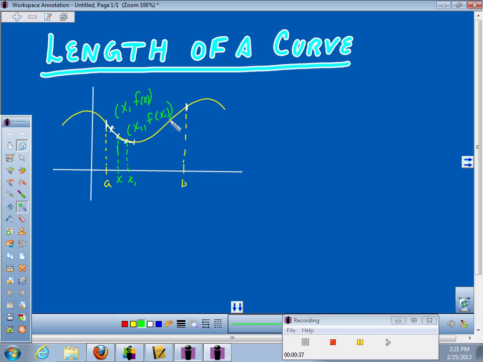Do we know how to do the distance formula between two points? Distance formula. Yes, the square root of the change in x squared plus the change in y squared.